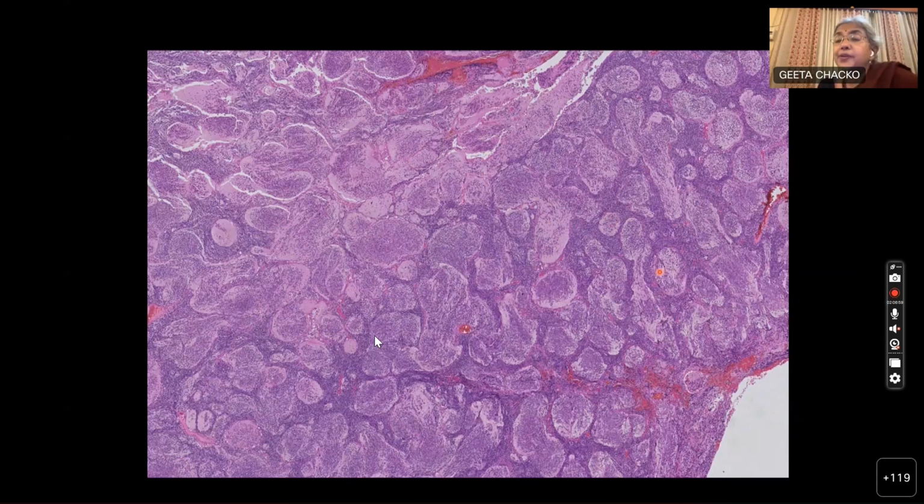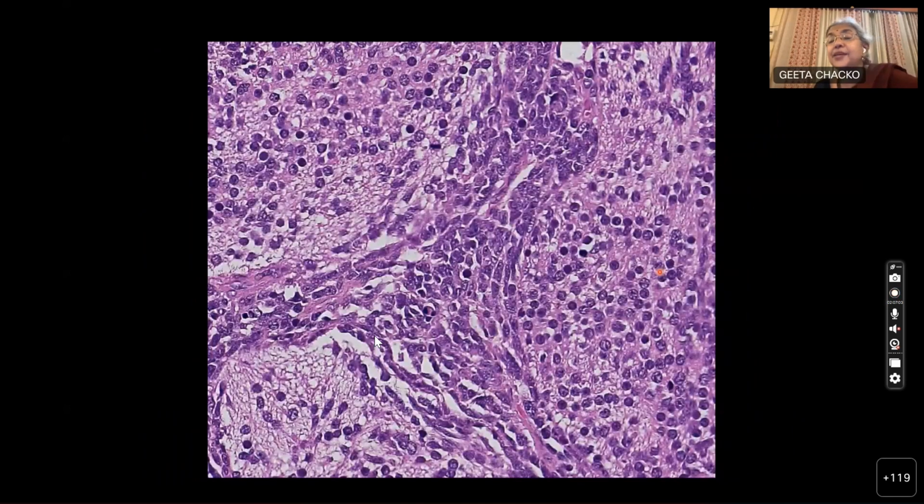Correct? Do you agree? Yes. You have a diagnosis, I know, and you're trying to get to it, but you cannot come to that without those special stains.